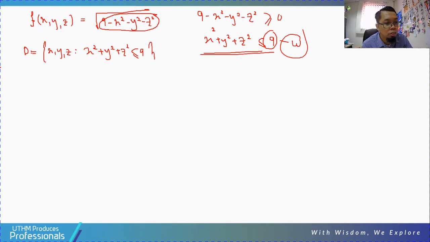So for the range, it is the output. The domain is x² + y² + z² ≤ 9.